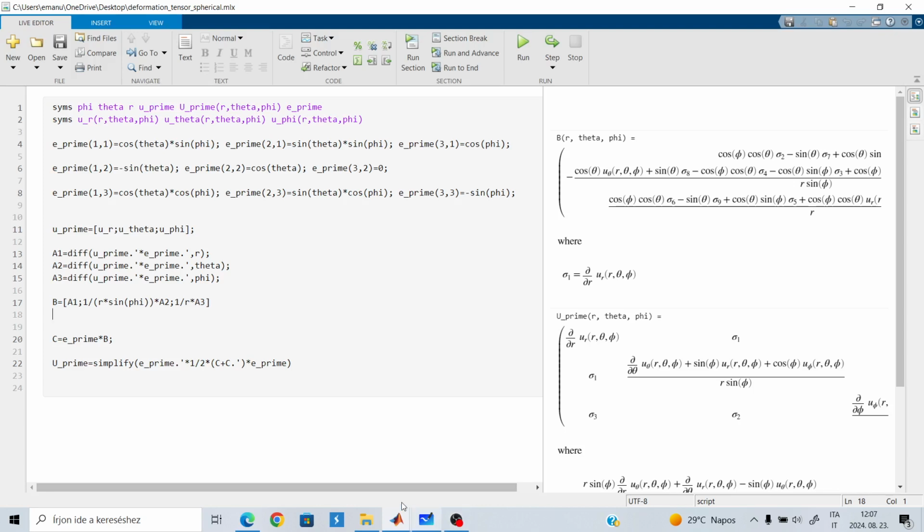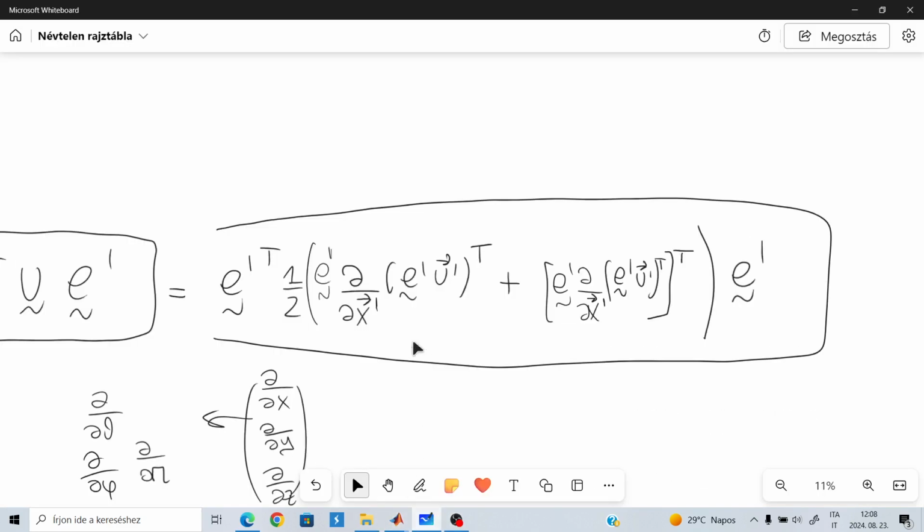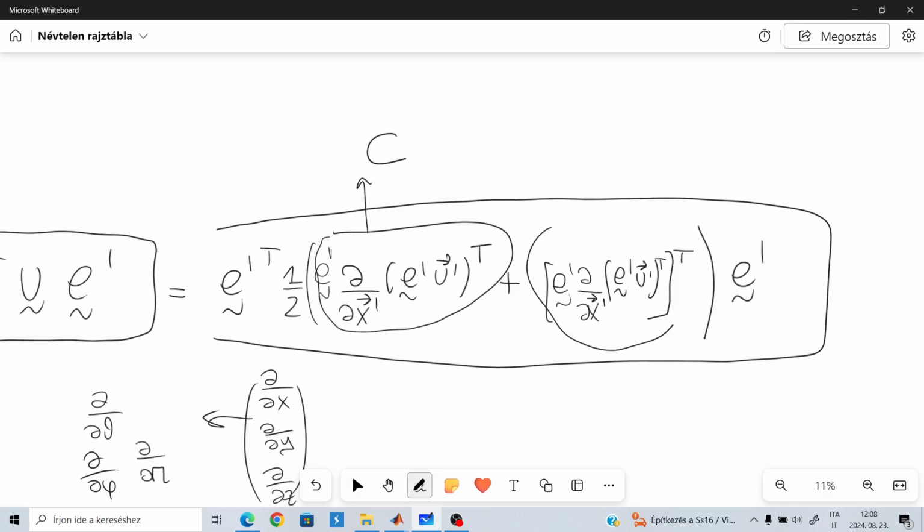And then I multiply the matrix B by E prime here. So the multiplication that you see is this one, this multiplied by this other matrix. And then I also have to take the transpose of that. So I call this matrix C, and of course this would be C transpose.